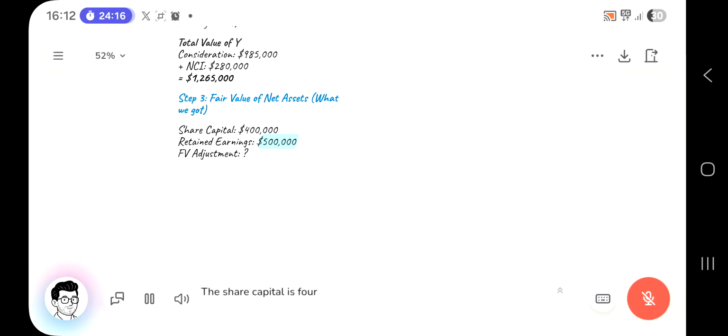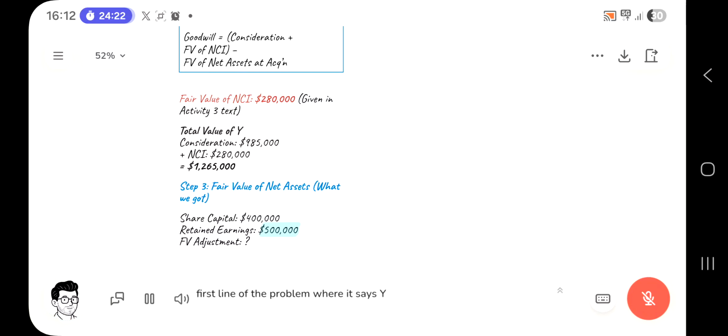The share capital is 400,000. That comes from the very first line of the problem where it says Y has 400,000 $1 ordinary shares. Now, here's the tricky part. The notes mention a fair value adjustment for land and buildings.